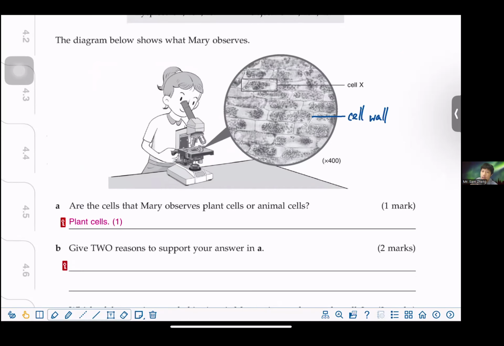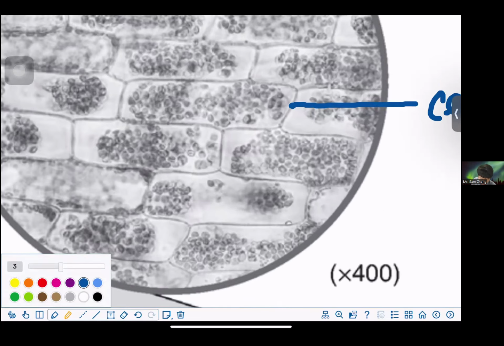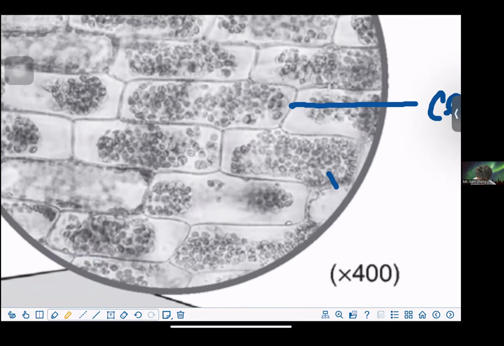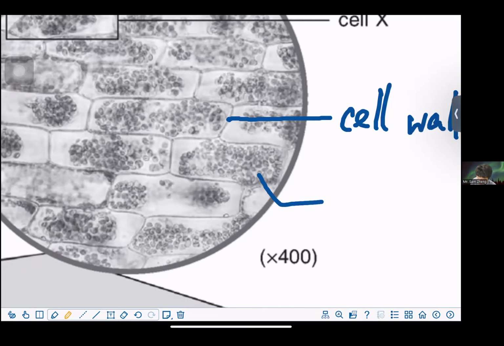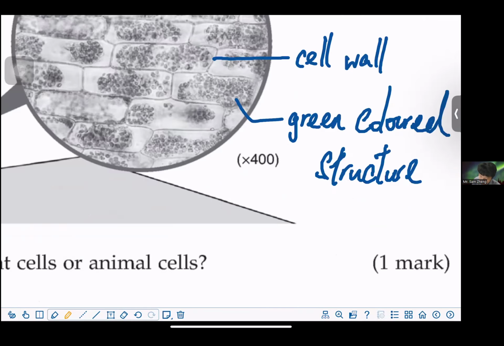First, we can see that there is the presence of a cell wall. Apart from that, there is something special: there is some green colored structure. This green colored structure will be the chloroplast.